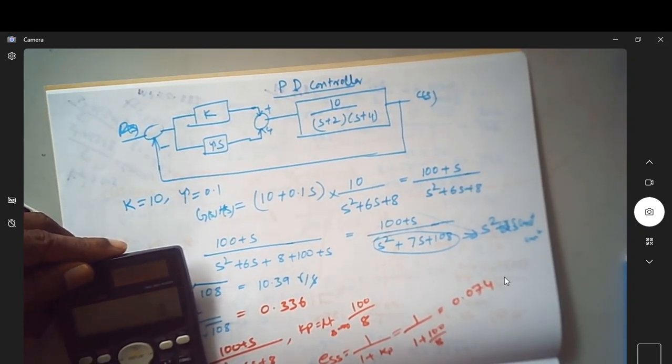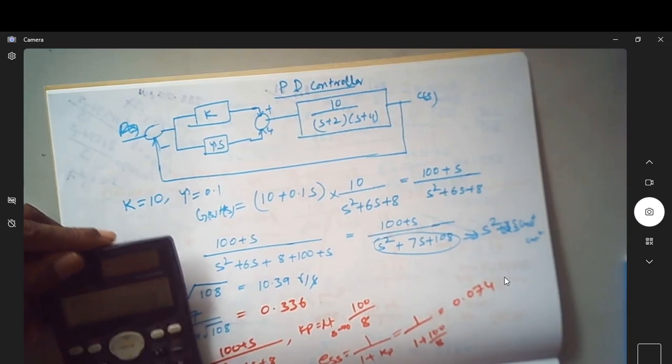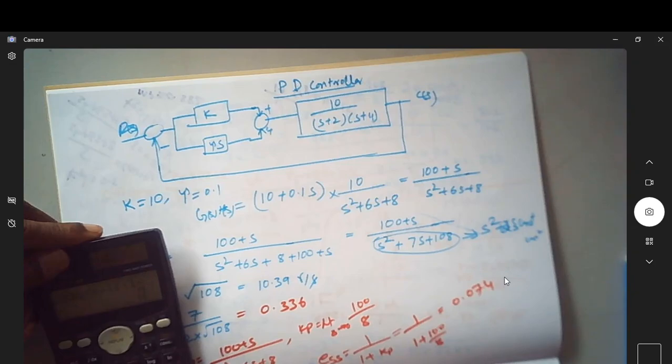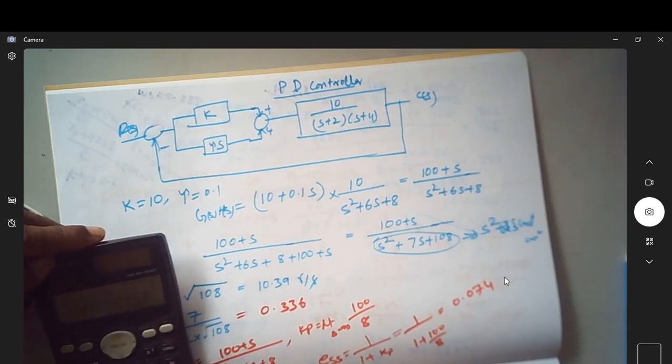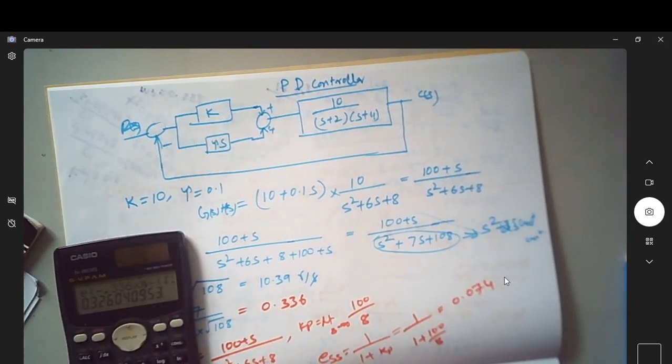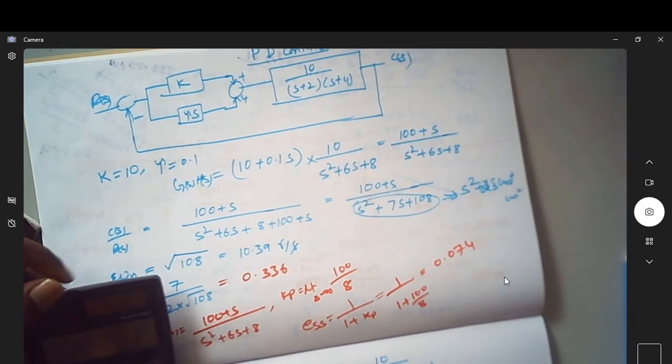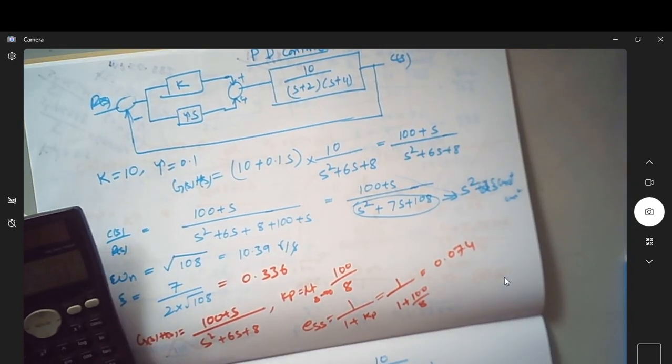It is exponential of minus 0.336 into pi divided by the square root of 1 minus 0.336 whole square. Can you see it is 32.6%?